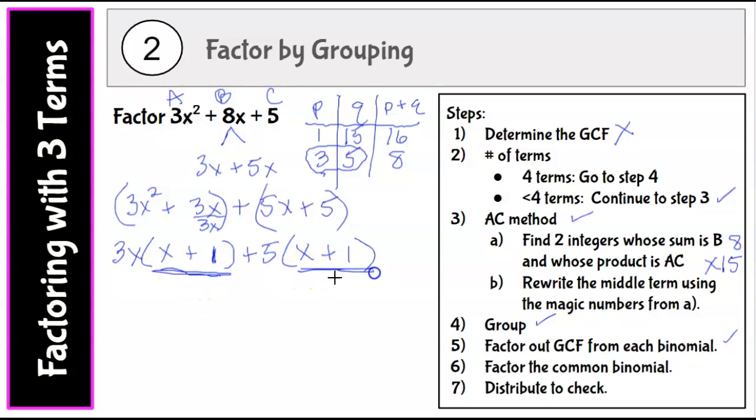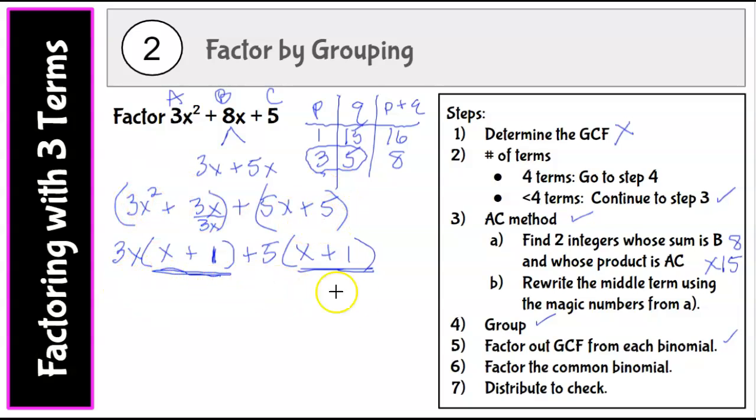That was my excited noise because they both have x plus 1. If you don't get x plus 1 here, go back to your magic numbers and make sure that they multiply to get a times c. So you've got to multiply those together. They have to multiply to get 15 and add to get 8. And then make sure that you pulled out the correct greatest common factor from both of these.